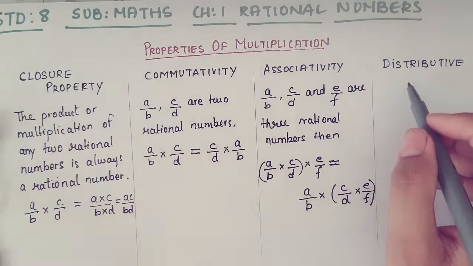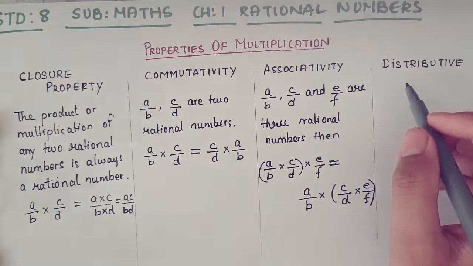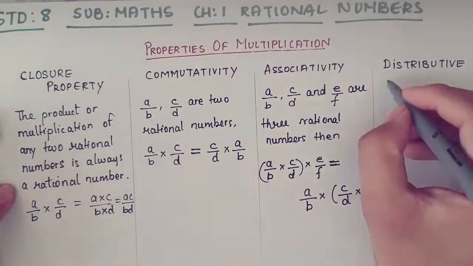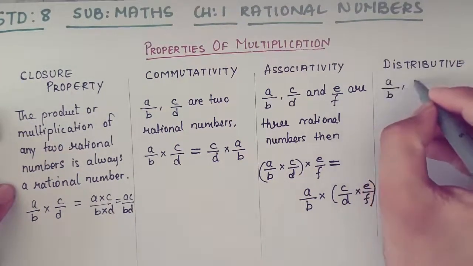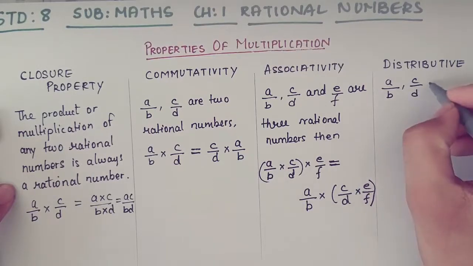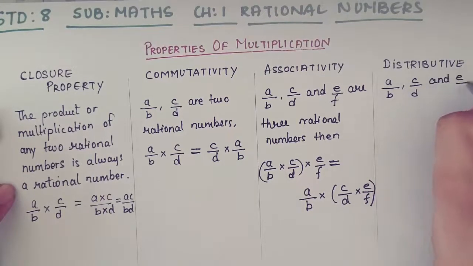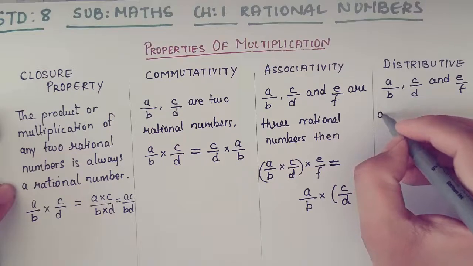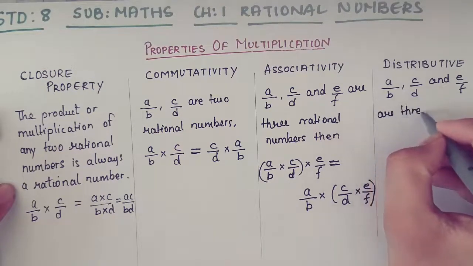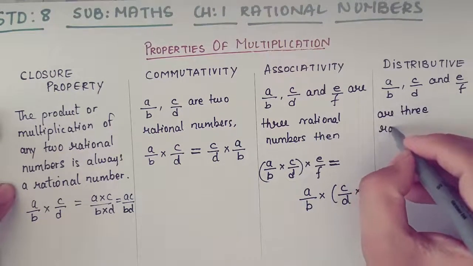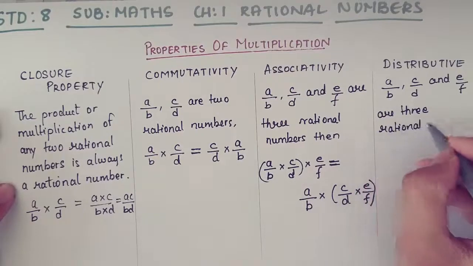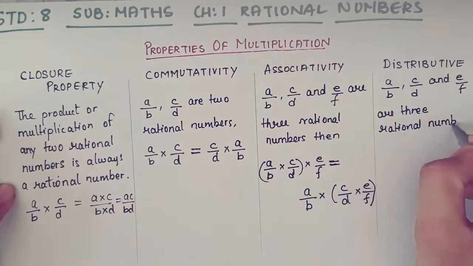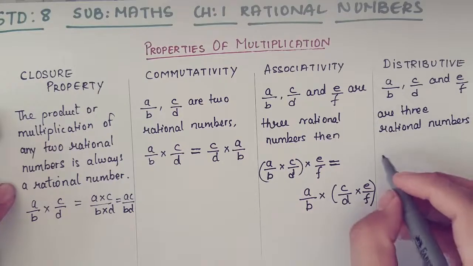Now let us talk about distributive property. Similarly, if we have a upon b, c upon d and e upon f are three rational numbers, then what will happen? Distributive.